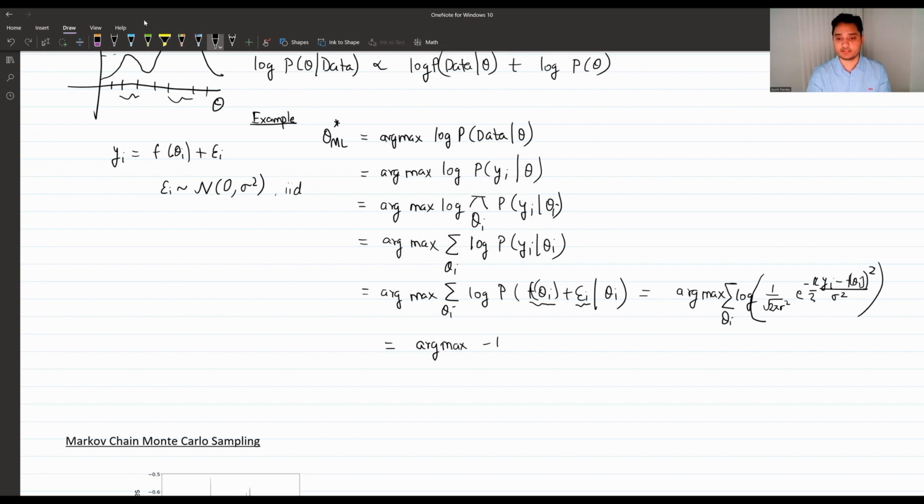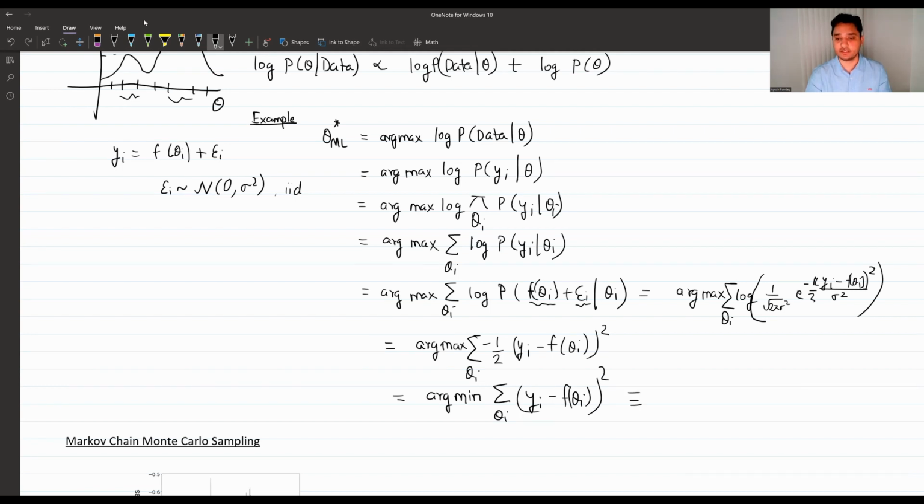We have minus half y_i minus f(theta_i) squared and summed over all theta_i values. Actually, observe that the negative in the max can be written as min. So argmin summed over all theta_i values, y_i minus f(theta_i) squared.